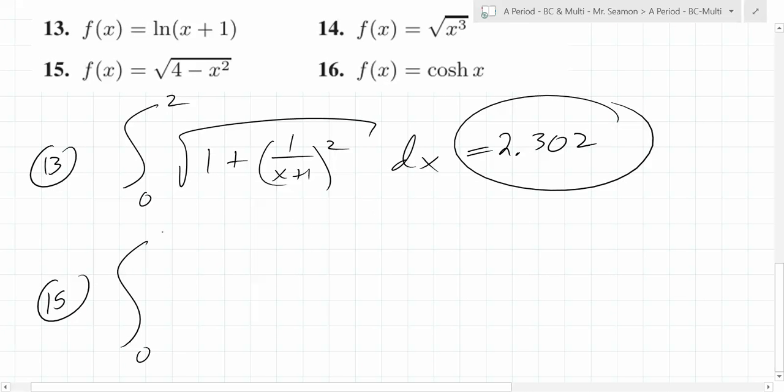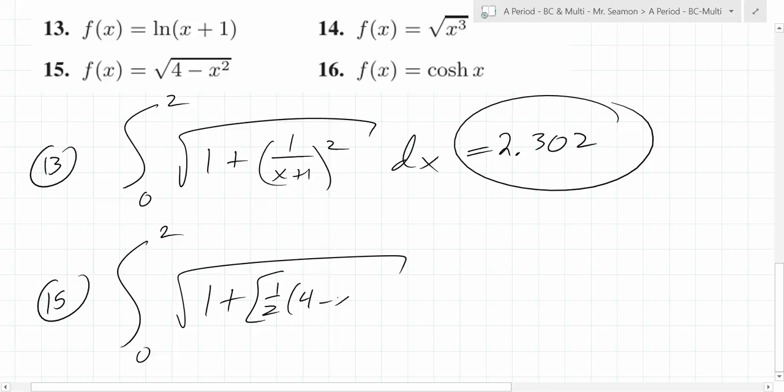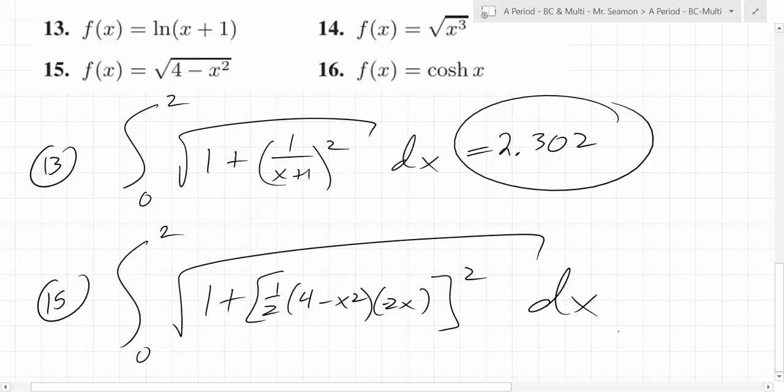What's the setup of the integral going to be? 0 to 2 of the square root of 1 plus the derivative, which is 1/2 times 4 minus x squared times negative 2x, all squared.